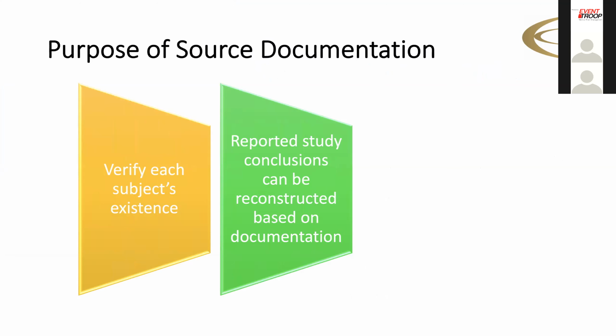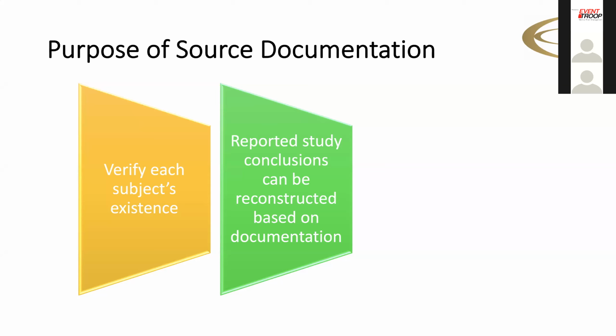Very importantly, everything that happens in a clinical trial, in clinical research, if you remember, I said earlier on, we must document this. Everything is being documented in our medical records, in our investigative files, which I'm going to explain in a short while. And the purpose of all of this is to allow the reported study conclusions to be reconstructed based on source documentation. So our source documentation is like a storybook.